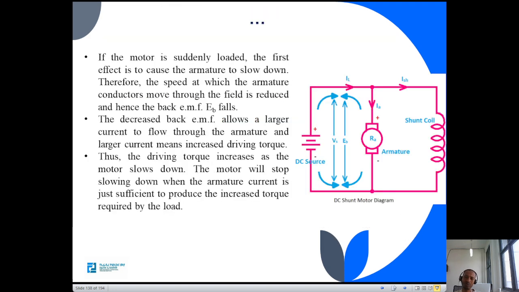Here is the detail of what I said previously, case by case. If the motor is suddenly loaded, the first effect is to cause the armature to slow down.